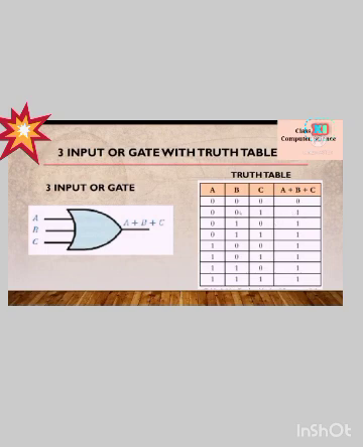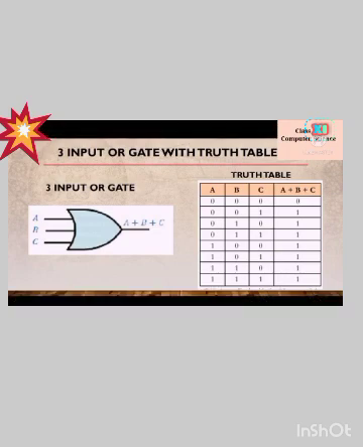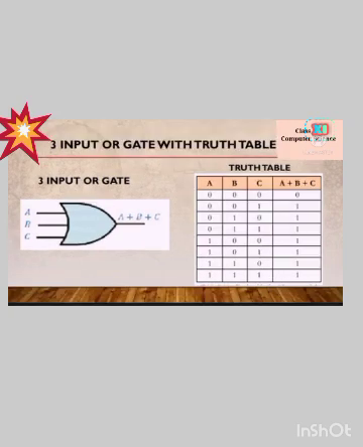In the truth table, if any one of the inputs A, B, C is 1, the output is 1. If all the inputs are 1, the output is also 1. If 2 inputs are 1, the output is also 1. If all the inputs are 0, then the output is 0. That is the condition for the 3 input OR gate, A plus B plus C. You can see the notation, and you have to write the truth table and implement the OR operation in the case of the 3 input OR gate.